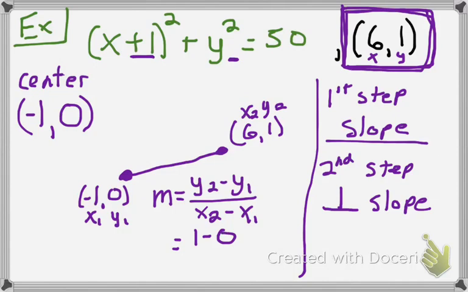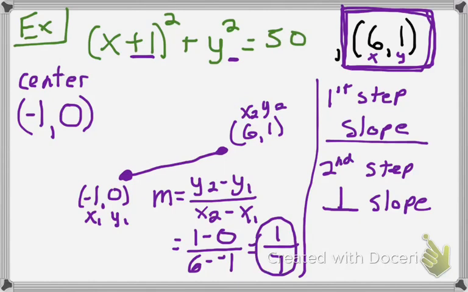1 minus 0 over 6 minus negative 1. Now, I'm just going to do some simple math. Work the top out. 1 minus 0 is 1. 6 minus negative 1 is 7. So here's my first step. I found a slope.